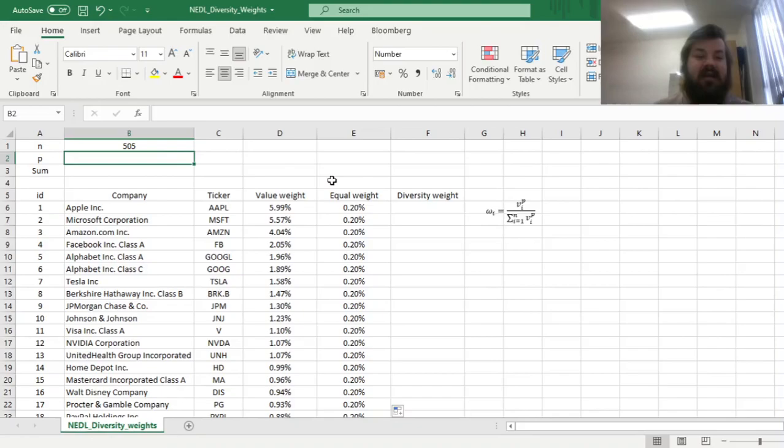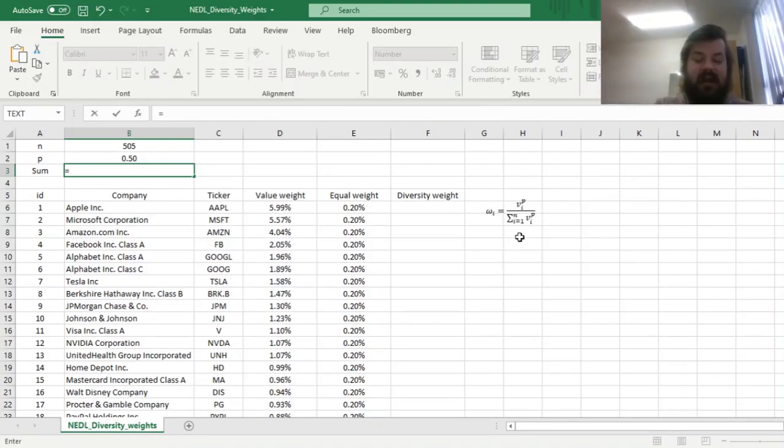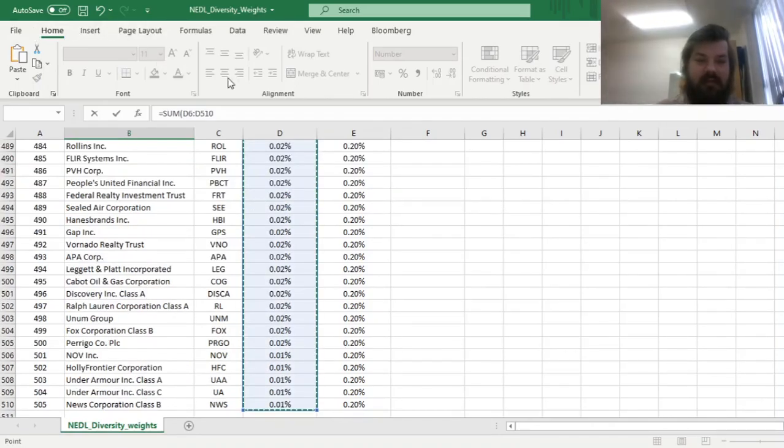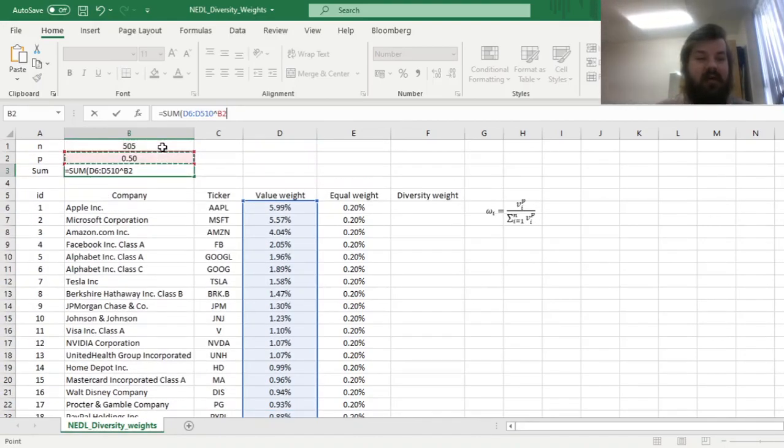So let's pick a value of P to be in the middle of the road, exactly at 0.5, between 0 and 1, and let's calculate the sum of our value weights raised to such power. So let's calculate the sum of this column of value weights raised to the power of 0.5 over here.